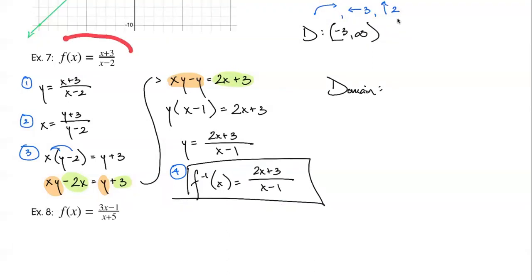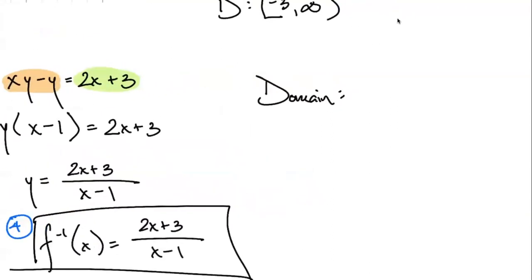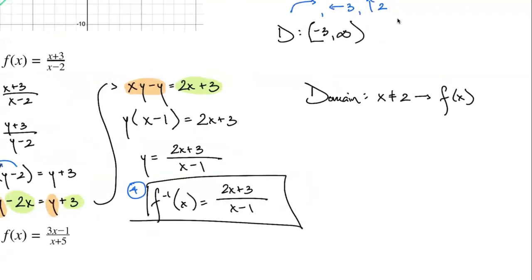So the number that I cannot put into f of x is the number that makes the denominator 0. So in this case, we can say that x cannot equal 2, and this is from our original function. Right? Because if I take 2 and plug it in here, I'm going to get 0 in the denominator, and we cannot divide by 0.